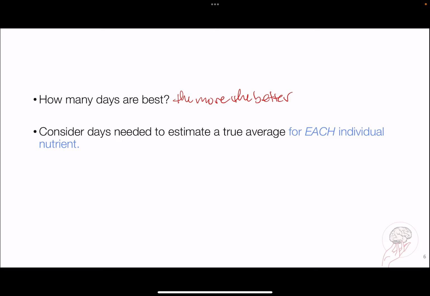But we really need to consider the number of days needed to estimate a true average for each individual nutrient. So we may have a good estimate for caloric intake, but we may not have a good estimate for iron intake over 3 days.